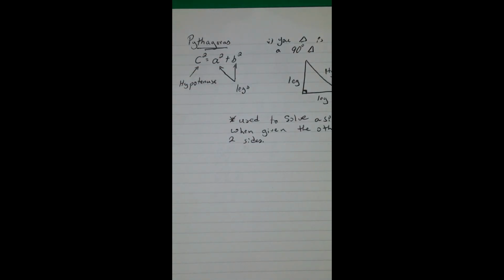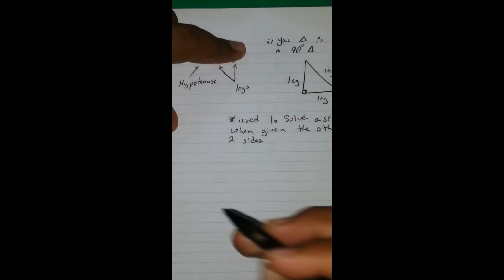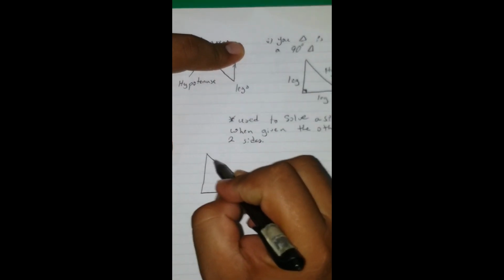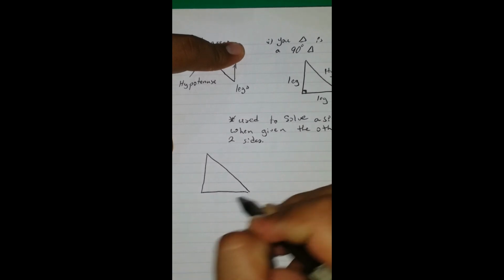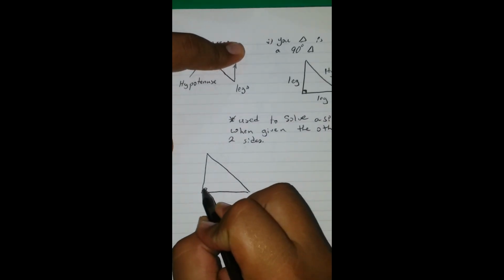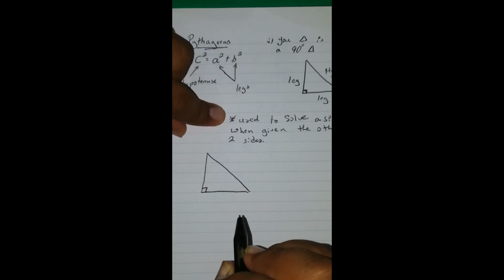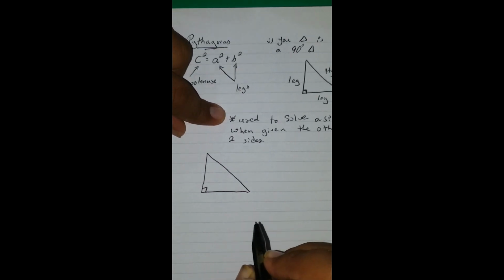So this is how it's going to look. Let's say you have the same triangle up there. You have one, that it is 90 degrees, and two, it says that two sides are going to be given.